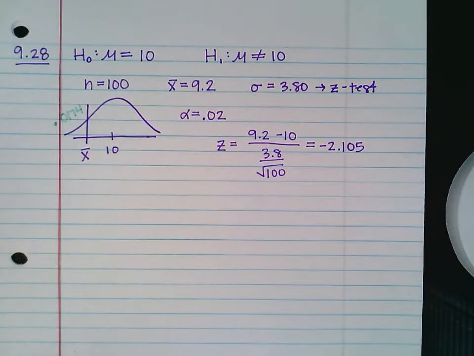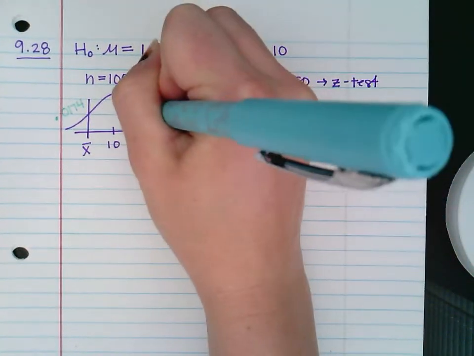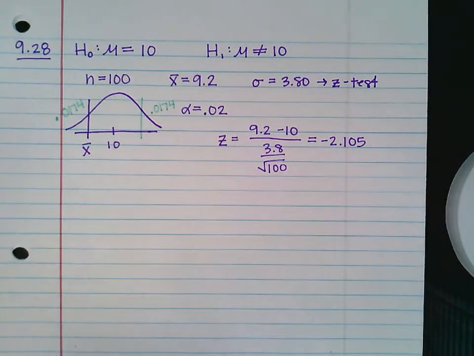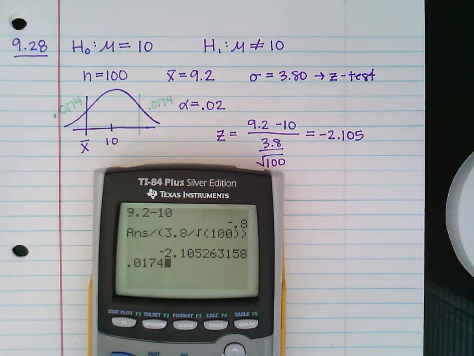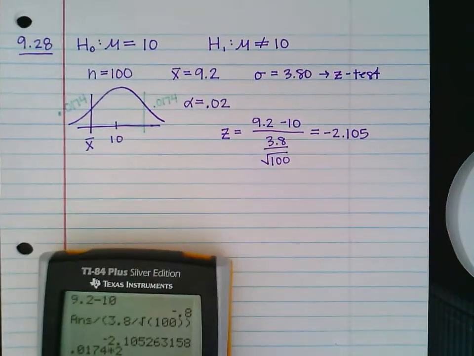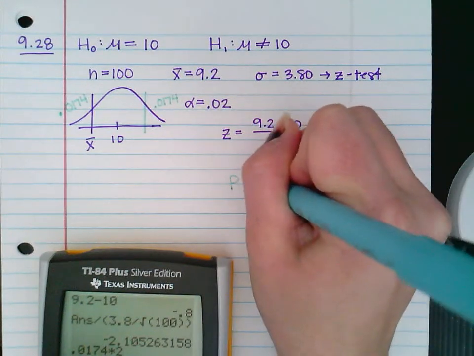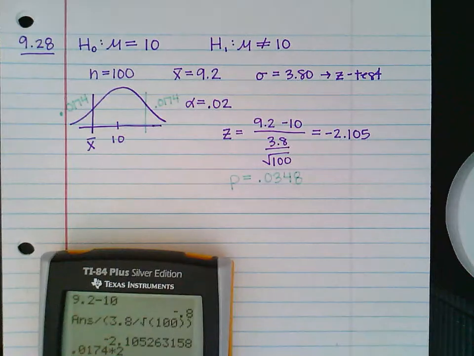But remember, we're running a two-tailed test, so I do have to consider that on both sides here. Okay, and so my overall p-value is that times 2. So my p-value for this situation is 0.348.